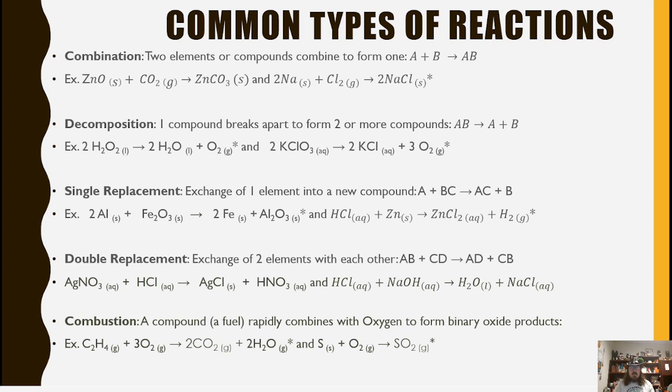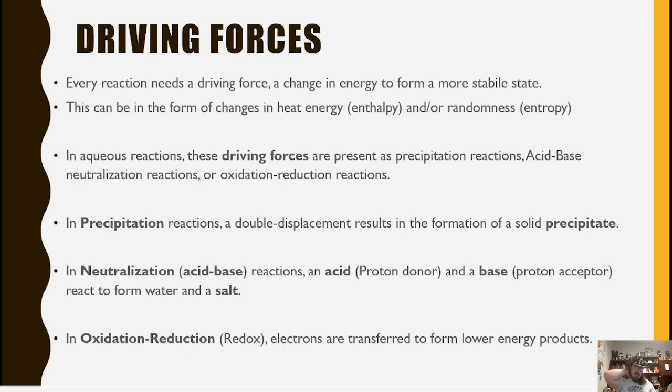And in the combustion, oxygen is gaining electrons, and I think carbon's typically losing the electrons. But then in the double replacement situation, the first reaction would be a precipitation, which we'll talk about in a minute, and the second one is an acid-base, which we'll talk about later as well. But the driving forces, this is what we're going to talk about in the next video.